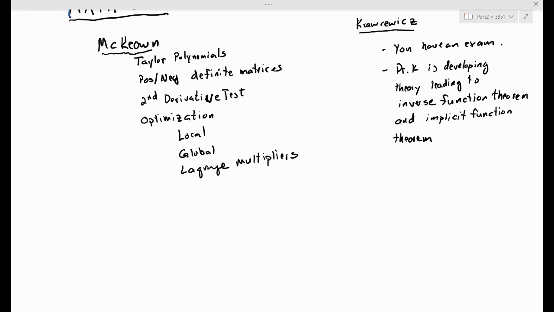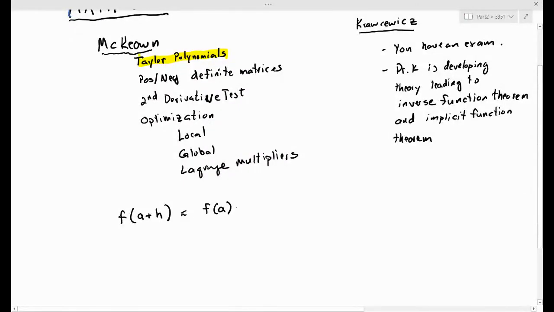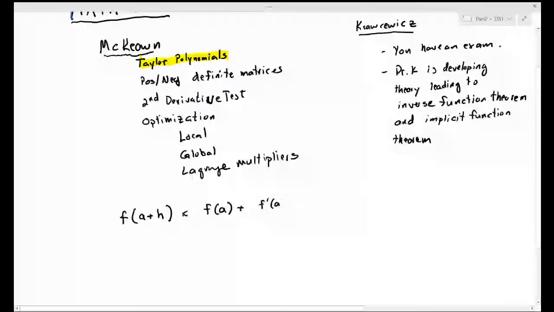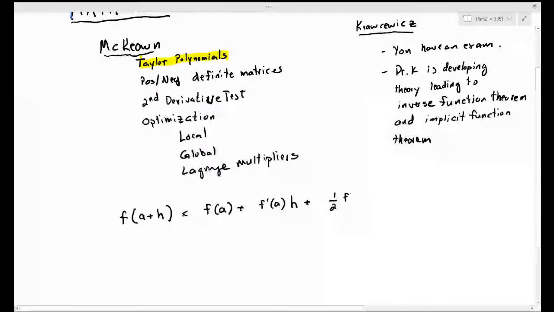So you all recall the Taylor polynomials from one variable calculus. If you center a function at a, then you can have a Taylor polynomial of the form: the function at a, plus the derivative of the function at a times h, and then there's this one half second derivative times h squared and so on.